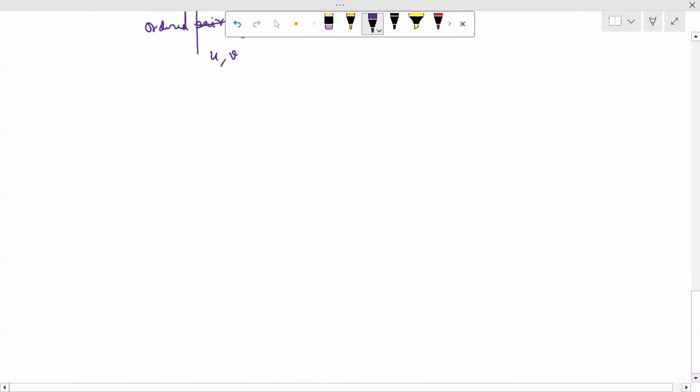So for every z in the domain of definition in the z plane, according to the rule, we can assign u, which is the real part of f, and v, which is the imaginary part of f, and plot it in another plane. So basically, this is plane to plane mapping.